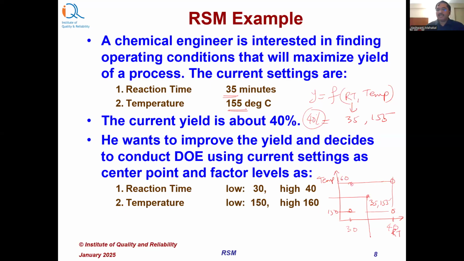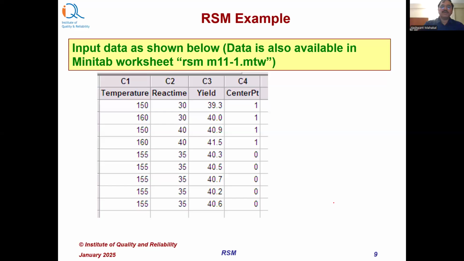So these are the four corner points of the design, and this is the center point. Then using this he would do the experimentation, and he would get the response, what is the yield that he would get.